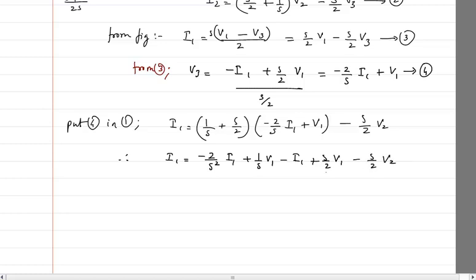Now I will write all V1 and I1 components together. Let me take I1 to the other side and keep only V1.